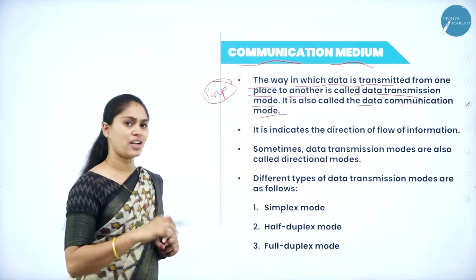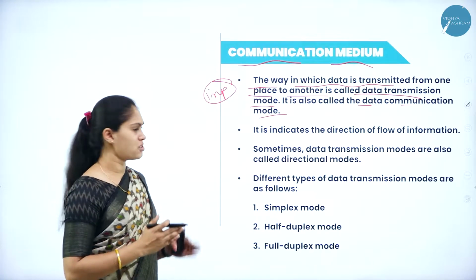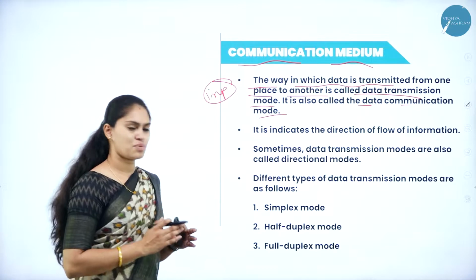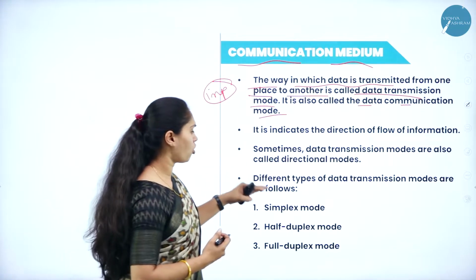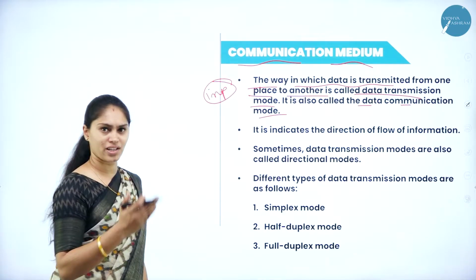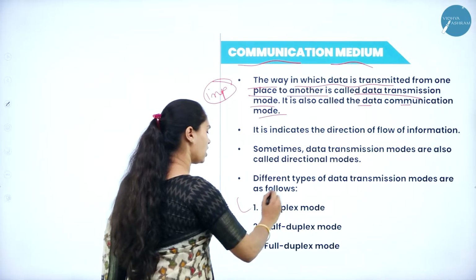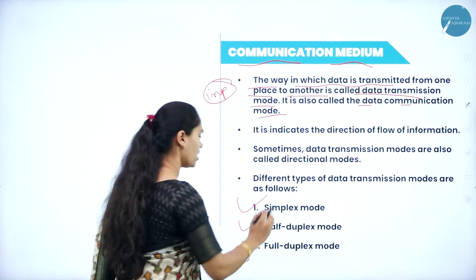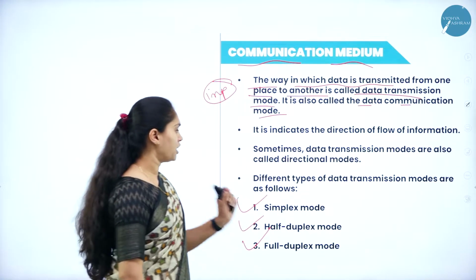There are three types of mode or medium we have while transmitting data from one place to another over the internet. That includes simplex mode, half duplex mode, and also full duplex mode.